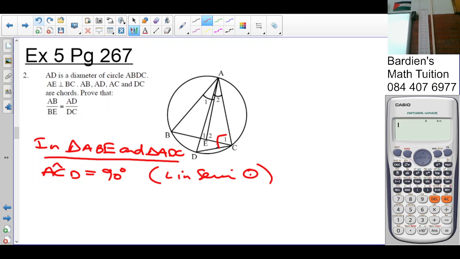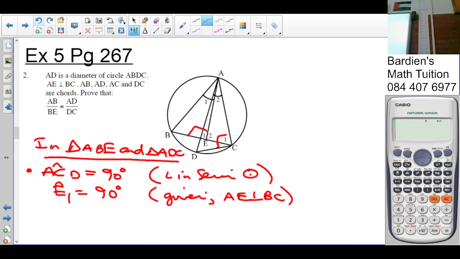Now what? We know that E1 is also 90 degrees. Not so? Why is E1 90? Because it's given that AE is perpendicular to BC. Okay?